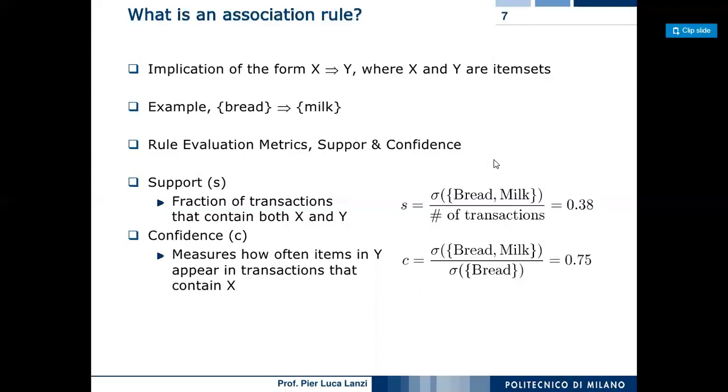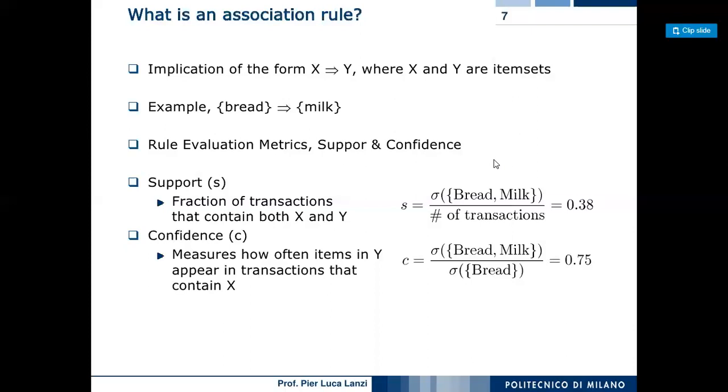So in the case of bread and milk, we find the frequency of the transactions in which bread and milk have been purchased together to the frequency of the transactions in which bread has been purchased. For a rule X to Y, where X and Y are item sets, the confidence is equal to frequency of X to Y upon frequency of X.